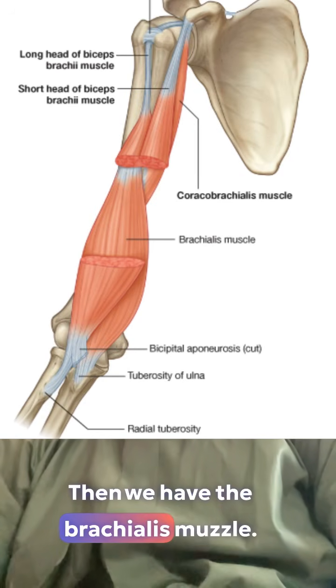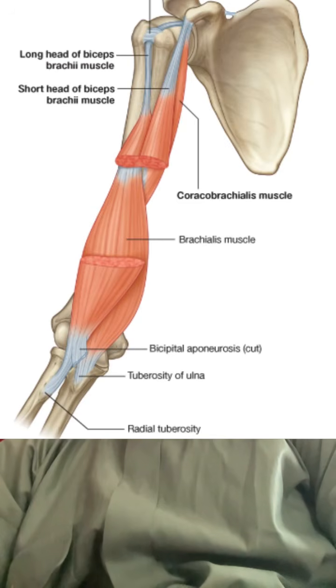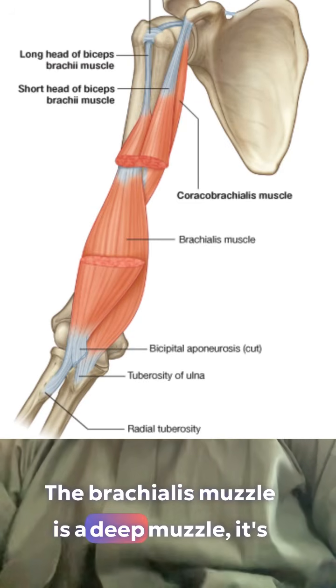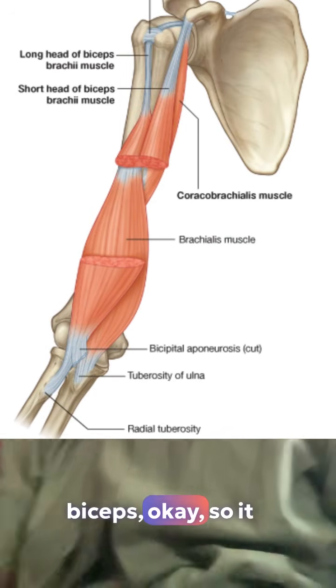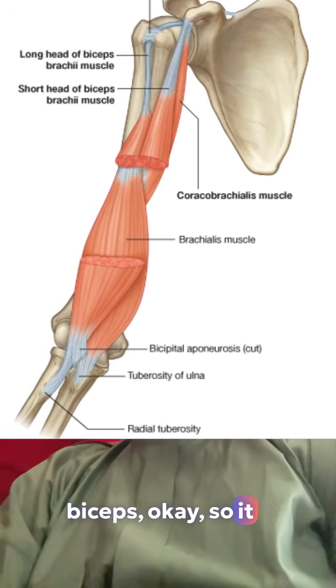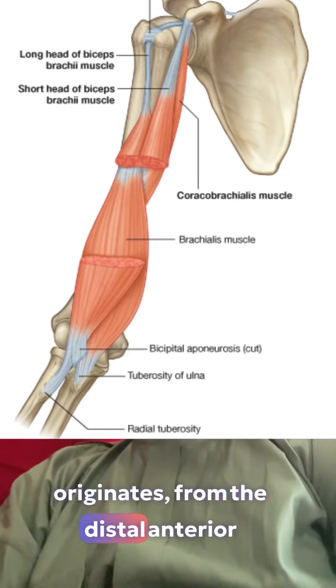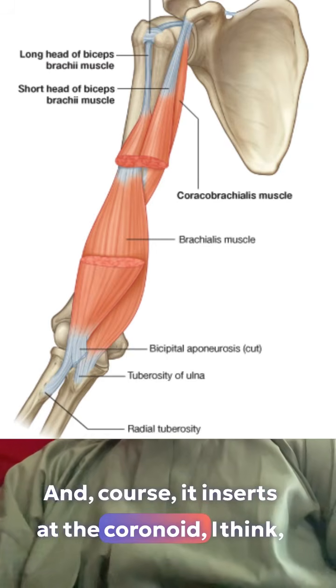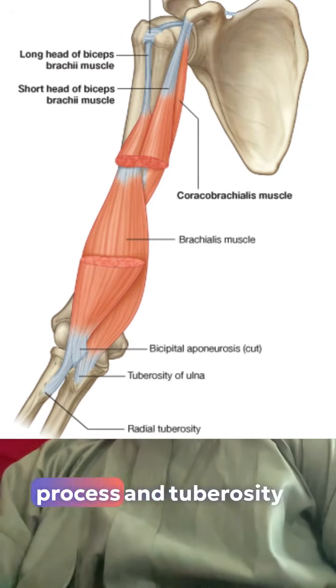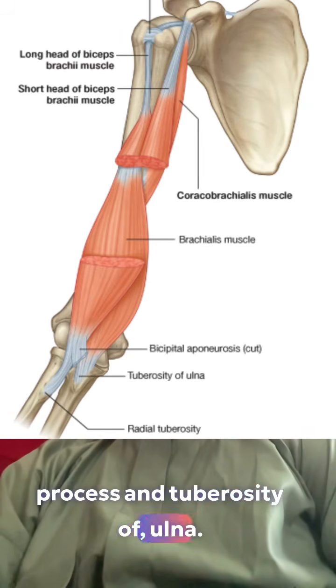Then we have the brachialis muscle. The brachialis muscle is a deep muscle. It's deep to the biceps. Okay, so it originates from the distal anterior humerus, and of course inserts at the coronoid process and tuberosity of the ulna.